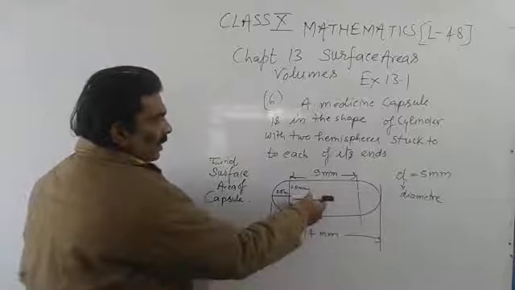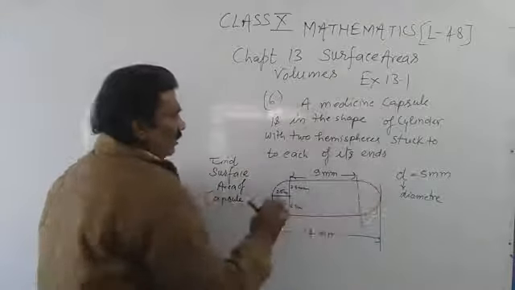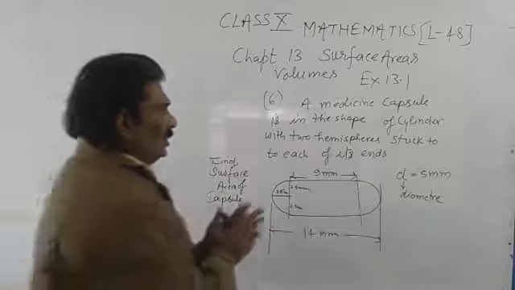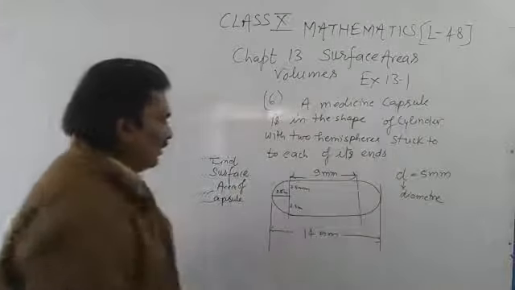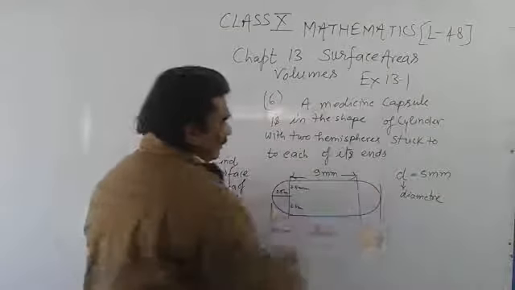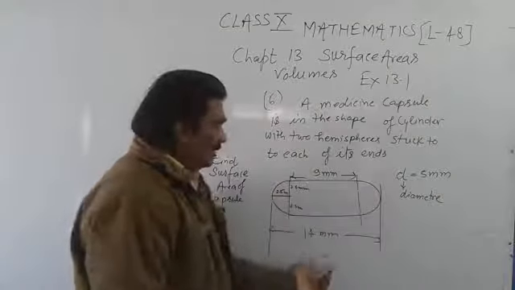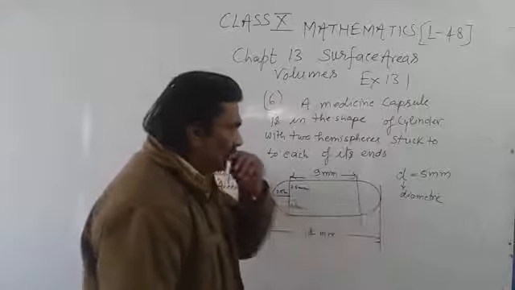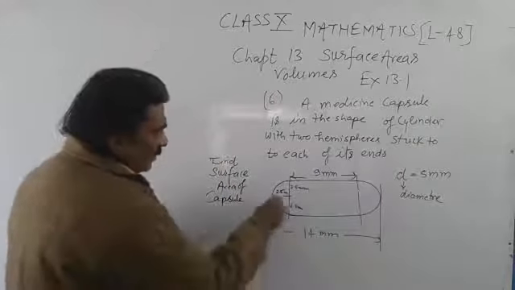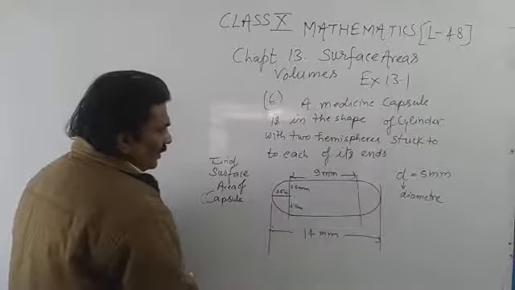This is the capsule, and in it there are two hemispherical portions stuck to both the ends. And the total length of this capsule is 14 millimeter, whereas the diameter of this hemispherical portion is 5 millimeter.